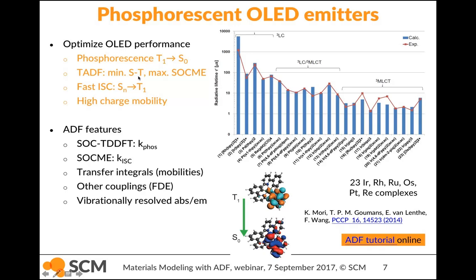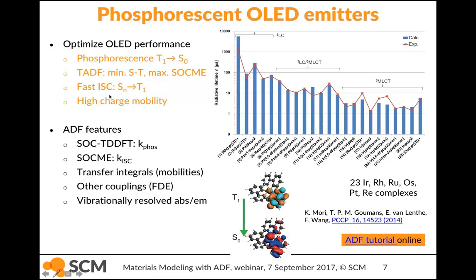So that's just by doing regular excited state calculations with time-dependent DFT, but also you want to maximize the coupling between the triplet and the singlet state. So in TADF materials, actually you go from the S1 state to the T1 state. From the T1 state, you go back to the S1 state, and then finally get the delayed fluorescence from that S1 state.